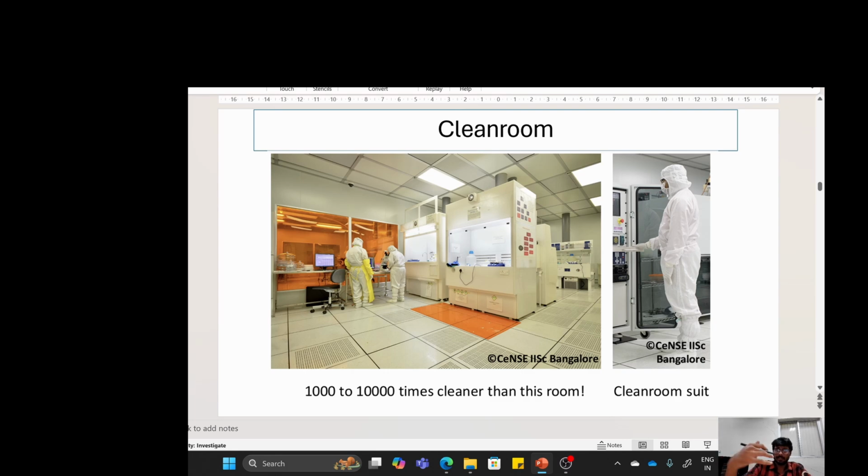So you need to clean your wafers. During the cleaning, if there are metal contaminants, let us say gold, or sodium contamination from the glass beakers, which are soda lime glass, that will contaminate your wafer.